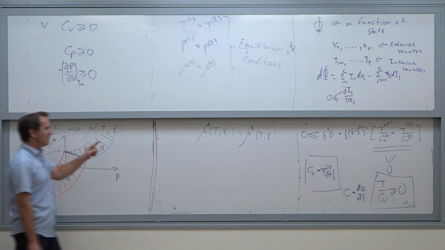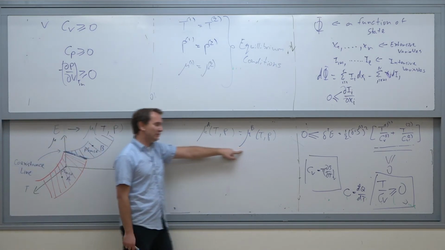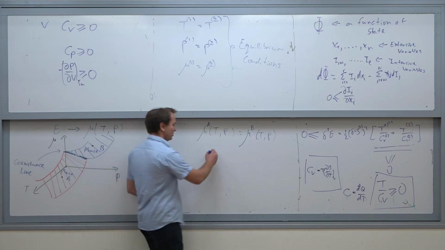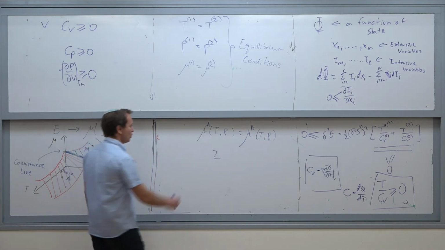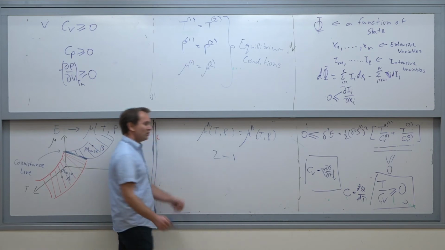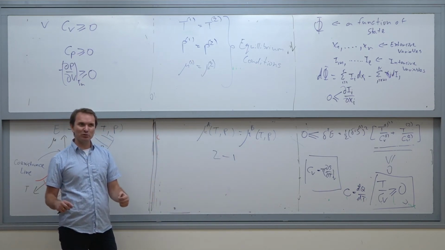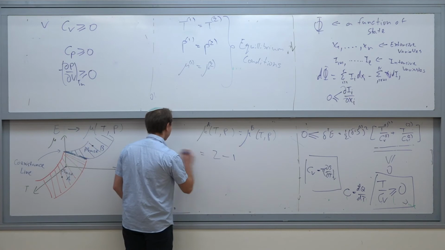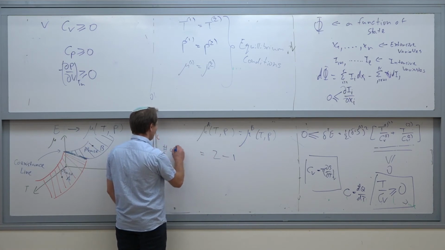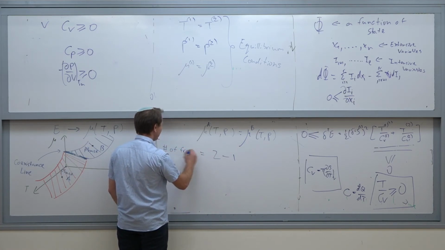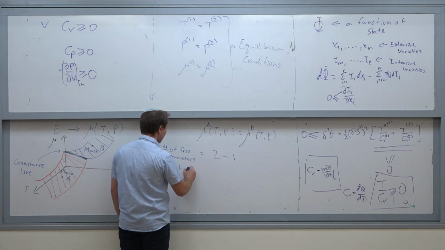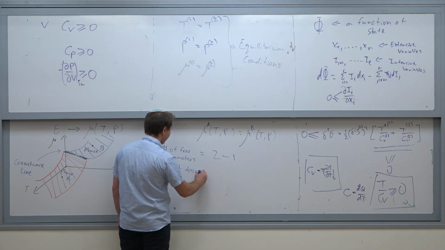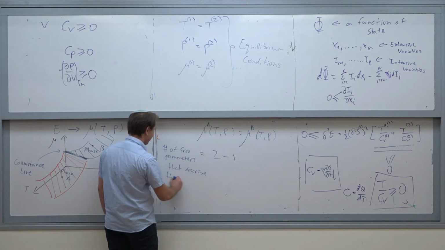So how many variables do we have for this equation? 2. How many equations do we have? 1. So the number of variables minus the number of equations is the number of free parameters that describe the coexistence line.